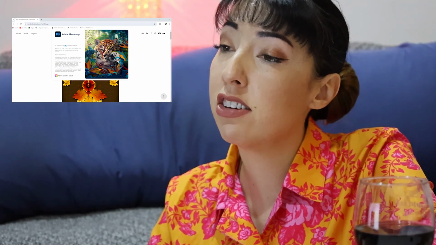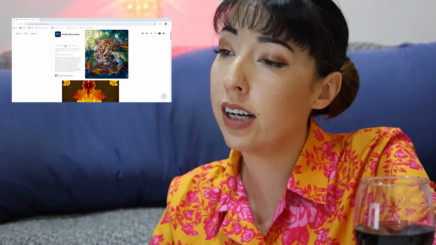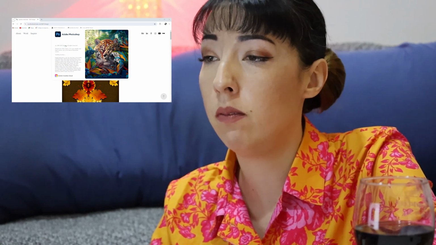So the first work I have is fall foliage, and it's something that I created back in 2015. And this one was not for a client, this was actually just a student project. And it's a photography project, but I thought it looked really cool, so I added it to my portfolio.